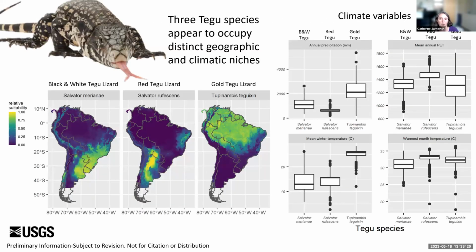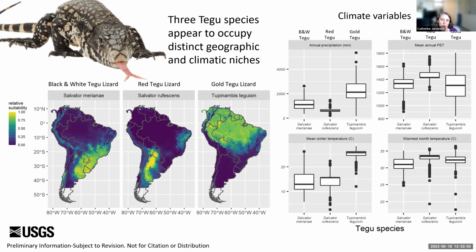So here are habitat suitability models for the 3 species of tegu lizards that are common in the pet trade in their native ranges in South America. And one thing that we found very interesting here is if you look at the climatic conditions where those 3 different species are found, there are very distinct differences between the species.